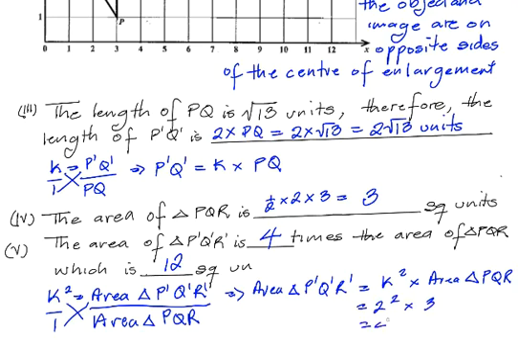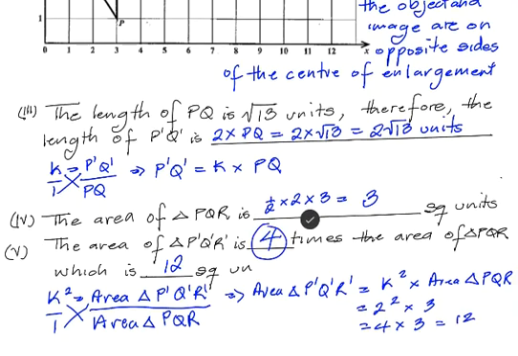This is 4 times 3, which is equal to 12. Now K is 2, so 2 squared is 4. So that's where we get this 4 here.